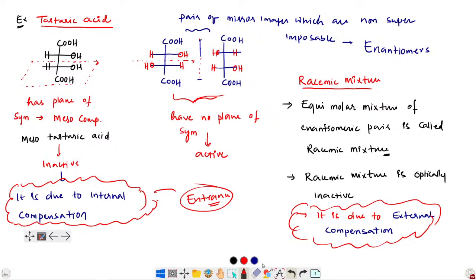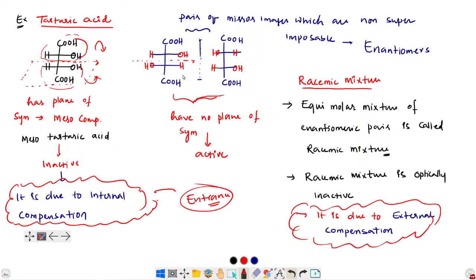It means, suppose this molecule is there, the first half of this molecule rotates the plane polarized light in the clockwise direction, and the other half rotates it in the anti-clockwise direction, isn't it?